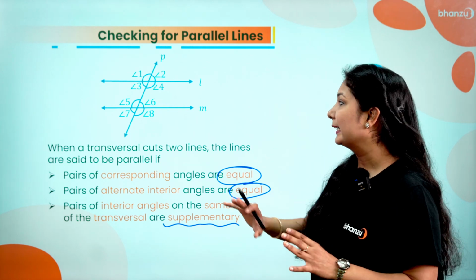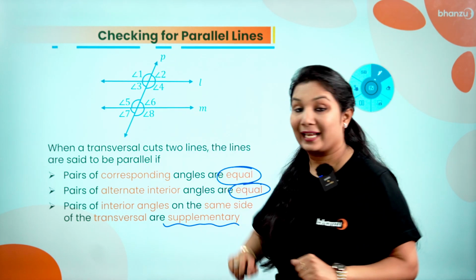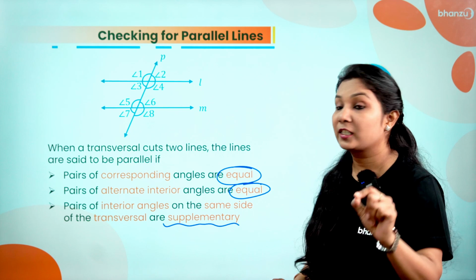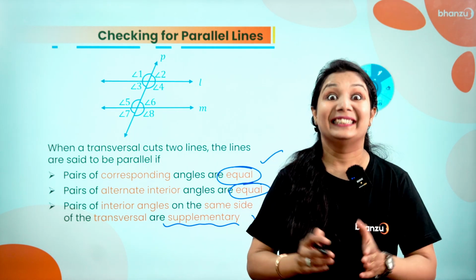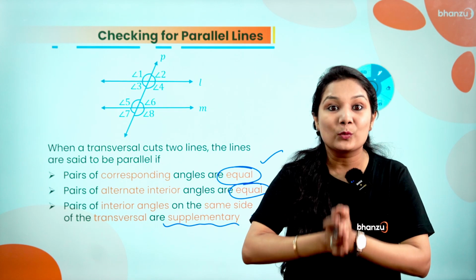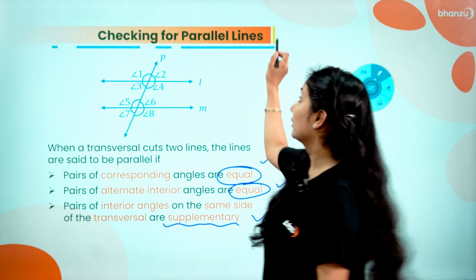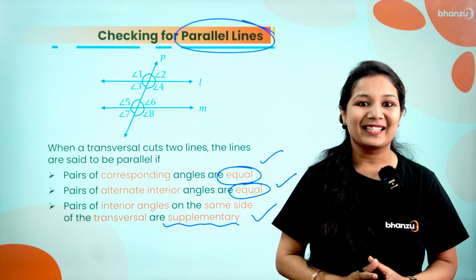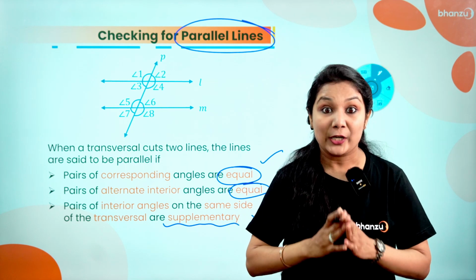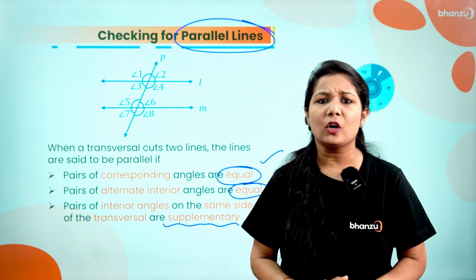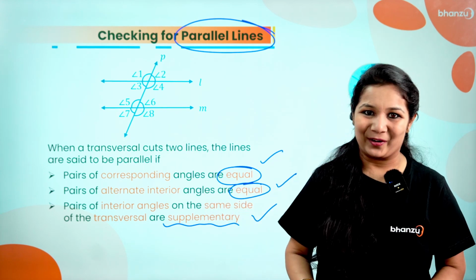If a transversal cuts two lines and satisfies all three points we have just talked about, then we can say that the lines being cut by the transversal are parallel lines. Got it, everybody? How do we check whether the lines are parallel or not? Just by these three points.